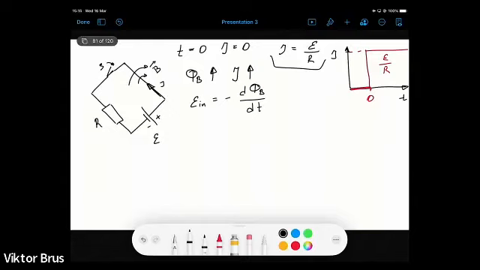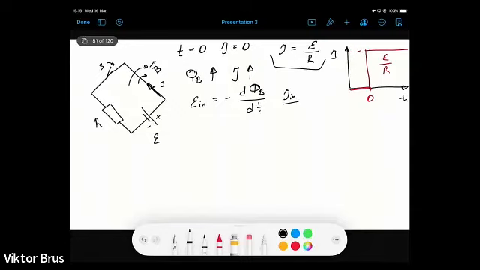And this induced electromotive force, as well as the induced current associated with it, will be in opposition to the reasons which cause the change of magnetic field flux.